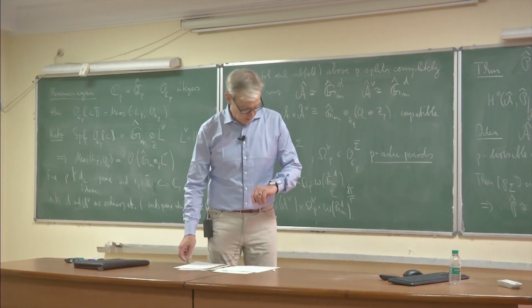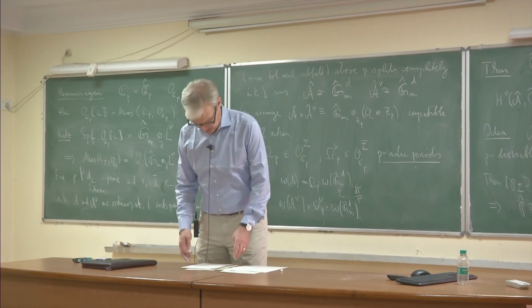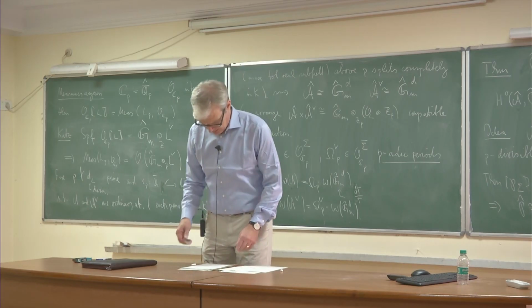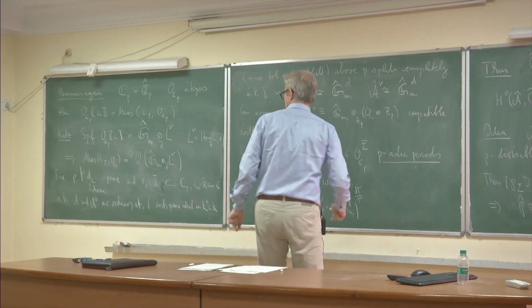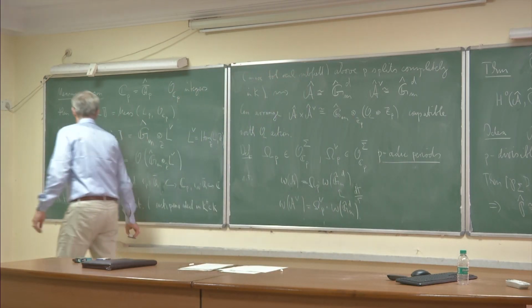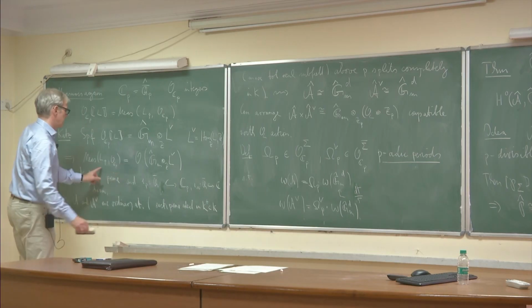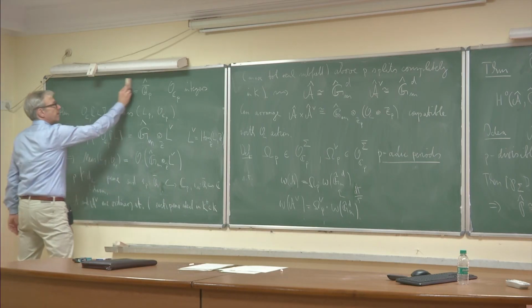So now we want to construct this measure, or this function giving the measure. I erased it, but here we want this to be n.